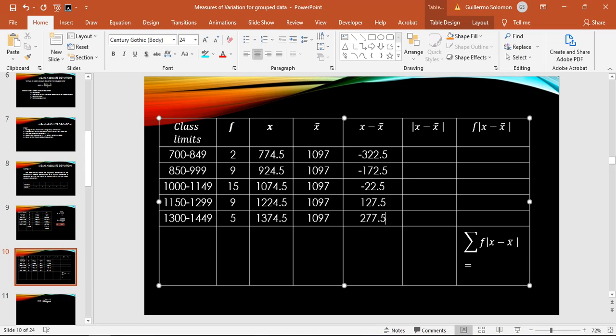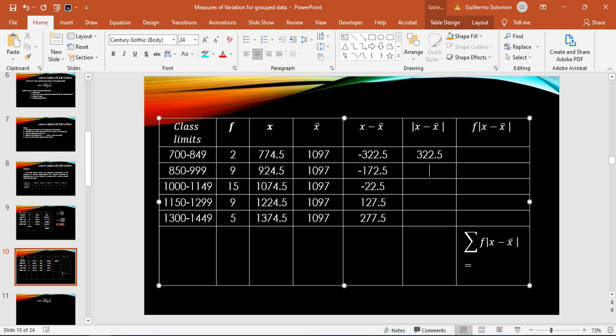Okay, after we get yung difference nila ng class mark at ng mean, now get the absolute value of the difference of the class mark and the mean. Okay, kukunin lang natin yung positive niya. Titik natin yung positive ng number dito. Okay, like this one. Si negative 322.5, kukunin natin yung absolute value na, that is 322.5.